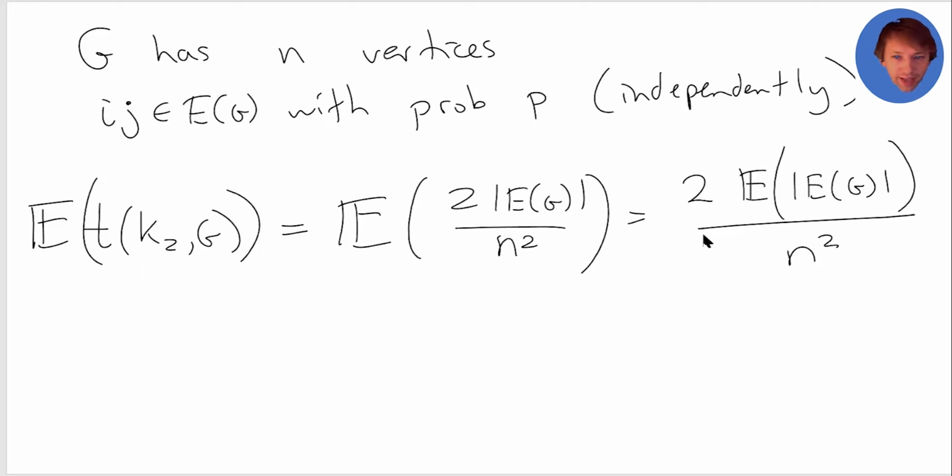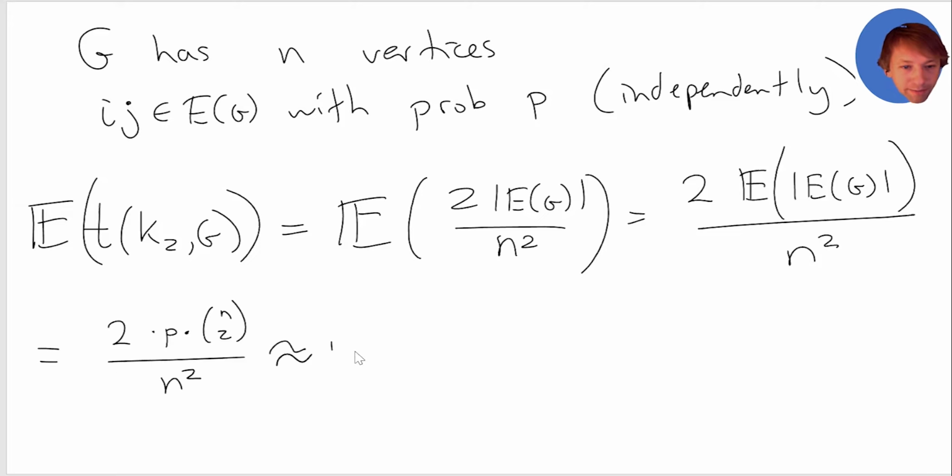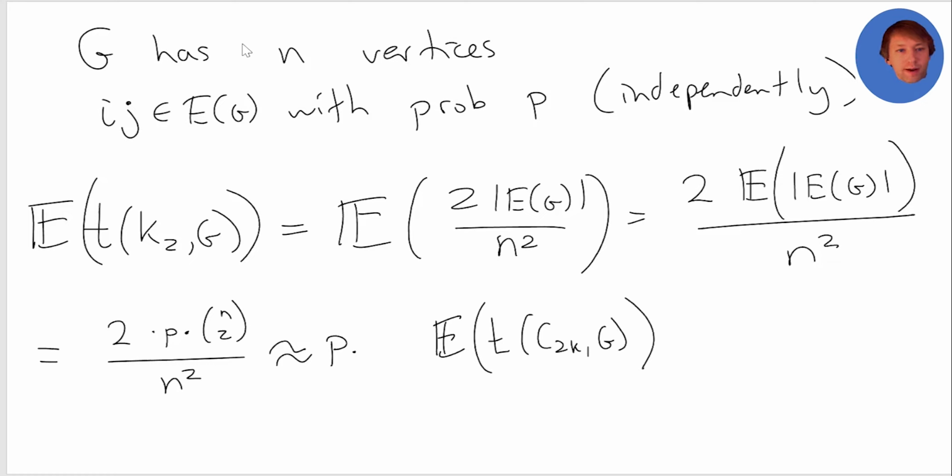If you add up indicator variables, anyway, it's going to be p times n choose 2. So we have 2 times p times n choose 2 over n squared, which is roughly p, right? So that's our edge density, and then the expected value of the C2k density.